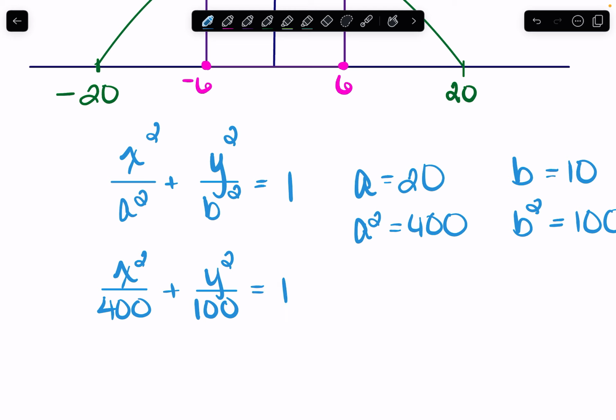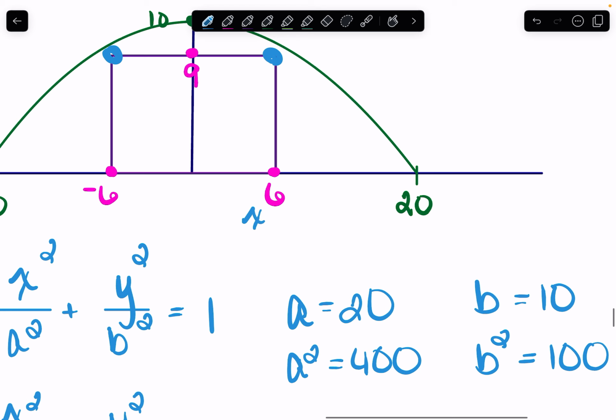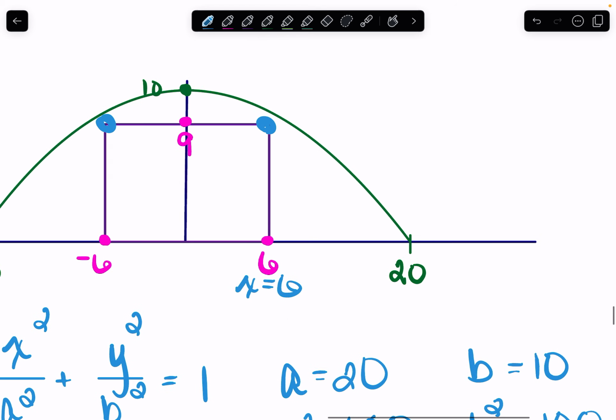So the part in question here is these points on the corner. We're trying to figure out if these two points are going to clear it. It doesn't really matter which one we check. If one of them works, the other is going to work too. So I'm going to check the positive. I can see right here that x is going to be 6. So what I want to know is, when x is 6, what is the y going to be?